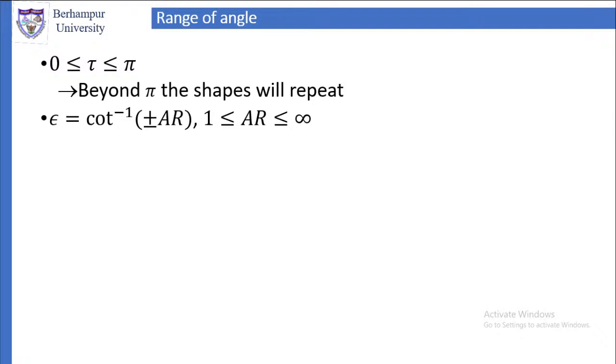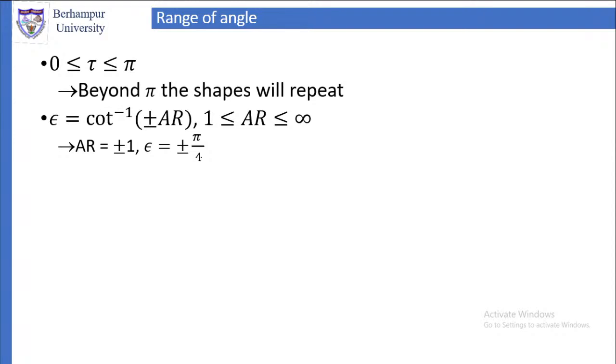So when we put AR is equal to plus minus 1, epsilon is equal to plus minus pi by 4. So AR is equal to 1 gives us epsilon is equal to cot inverse of 1, which is pi by 4. AR is equal to minus 1 gives us epsilon is equal to cot inverse of minus 1, which is minus pi by 4.